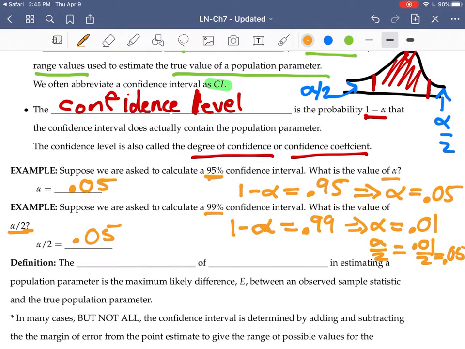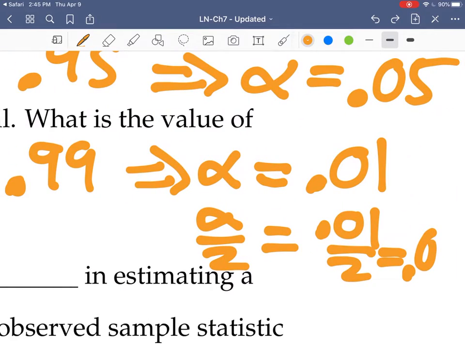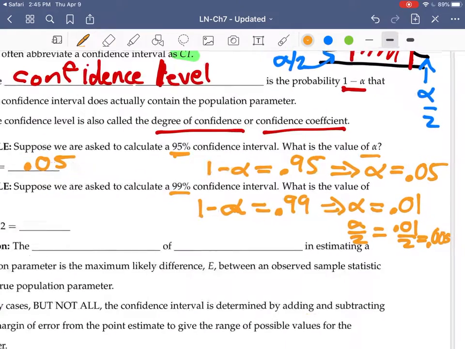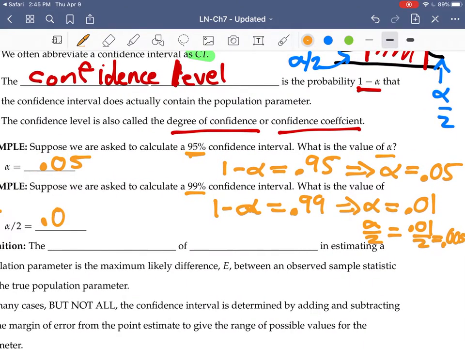Oh, no, that's not right. It's 0.005. Whew, that was close. 0.005. It's half of 1%.